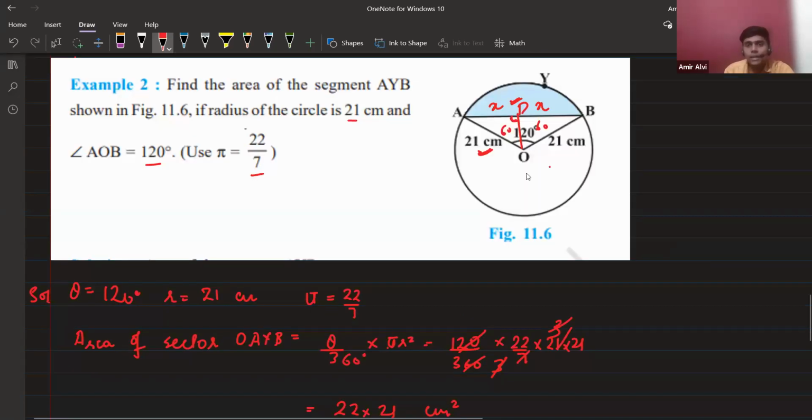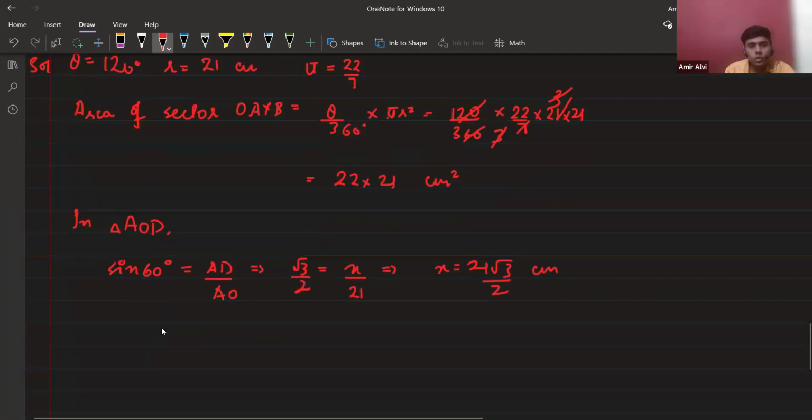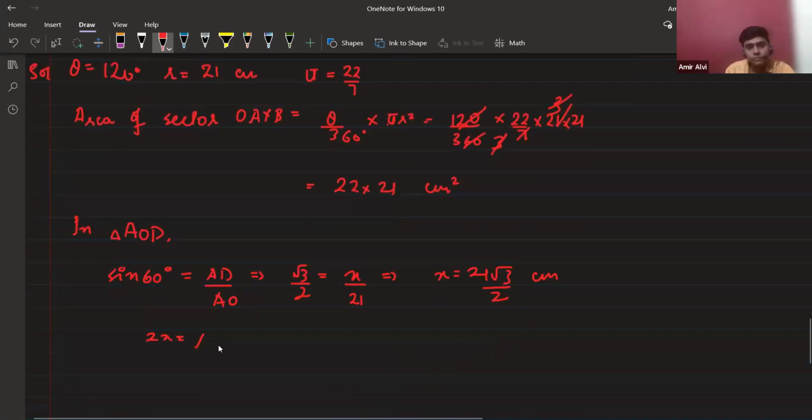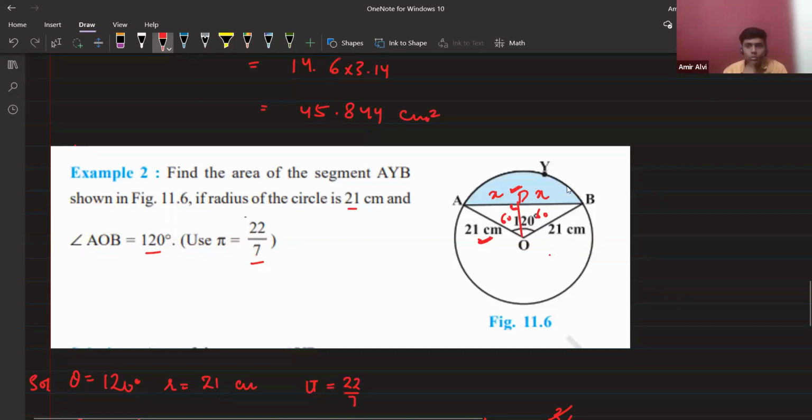And if I multiply this x with 2, 2x is the complete base AB. So 2 into 21 root 3 by 2 is equal to 21 root 3 centimeter. So the whole base is 21 root 3 centimeter. Clear, everybody?